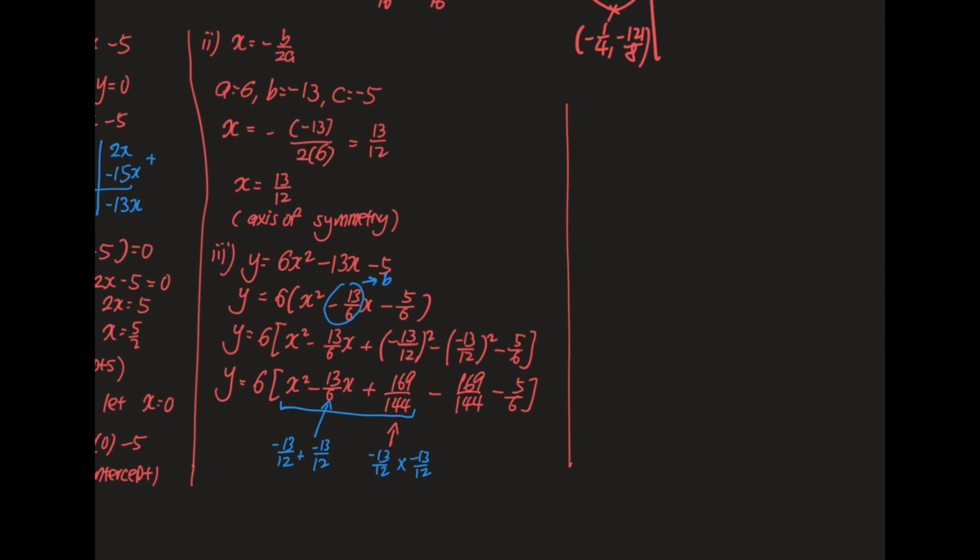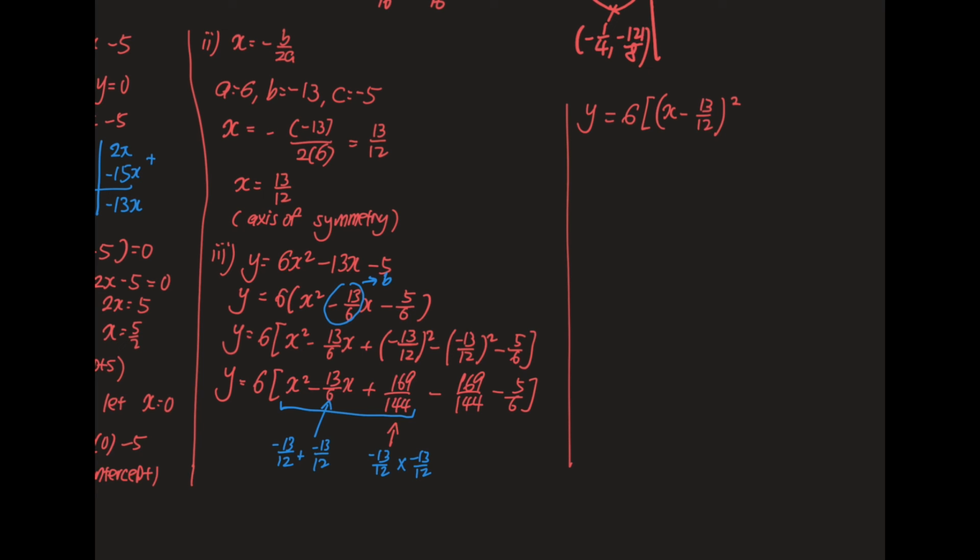So I continue here. y equal to 6, x minus 13 over 12 squared. So I managed to factorize the first three terms. For the last two terms, we need to use a calculator to count this.